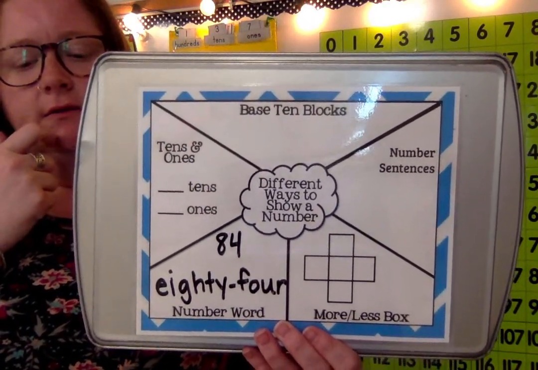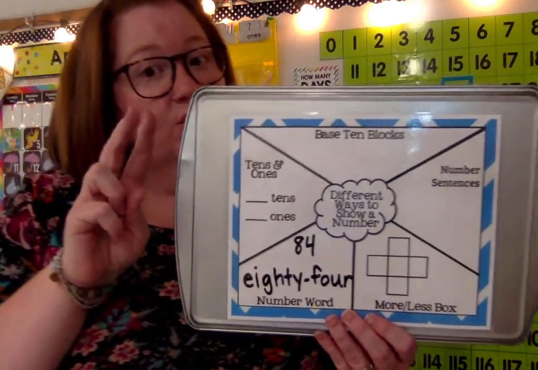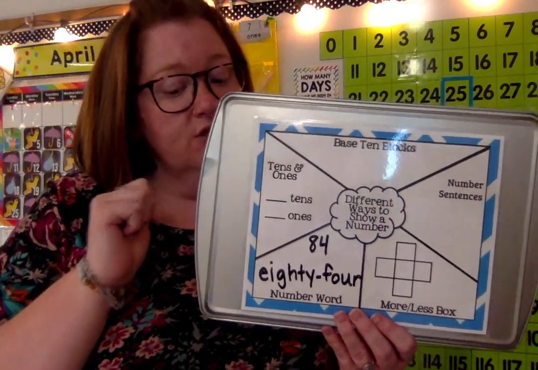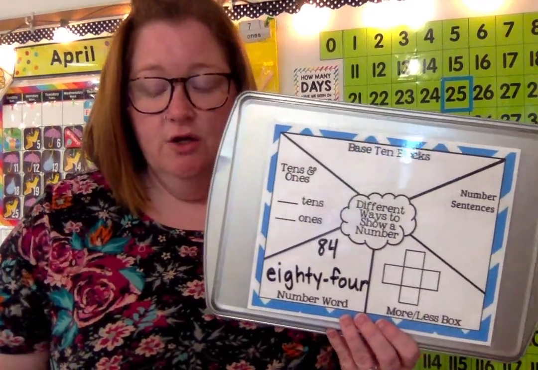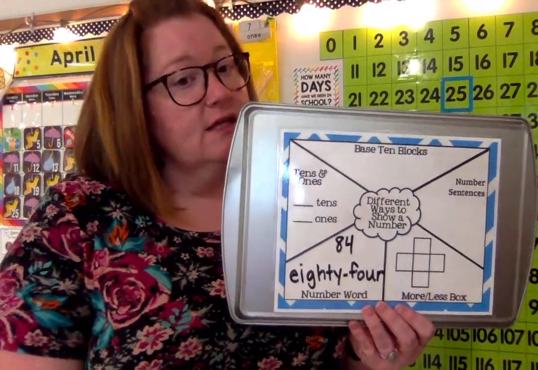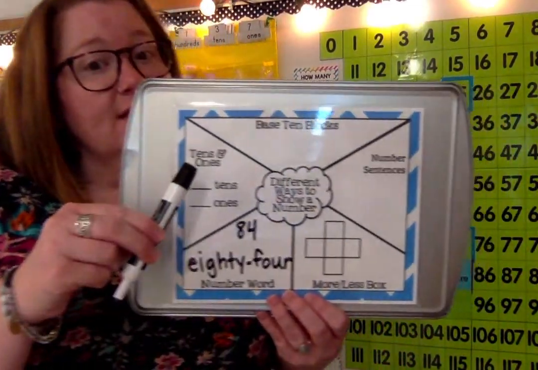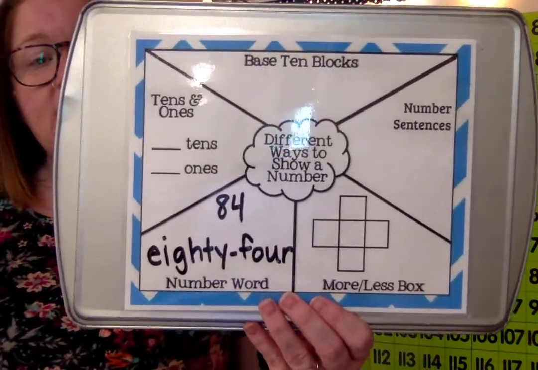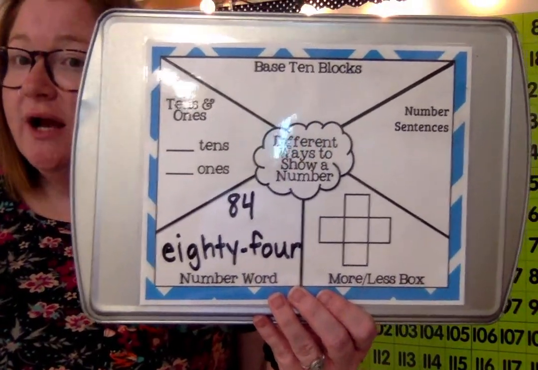84. It is a 2-digit number. We know our 2-digit numbers tell us 10s and 1s. So if 84 is our number, how many 10s? How many 1s?